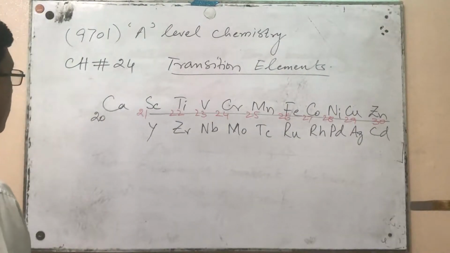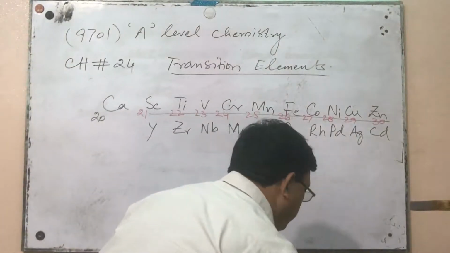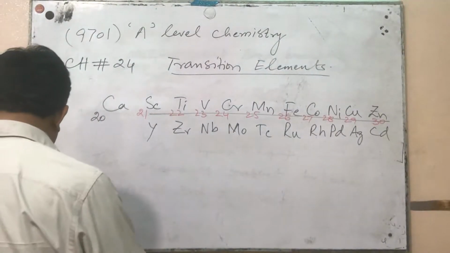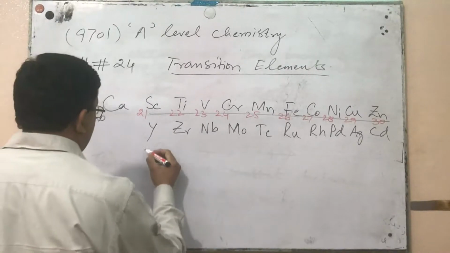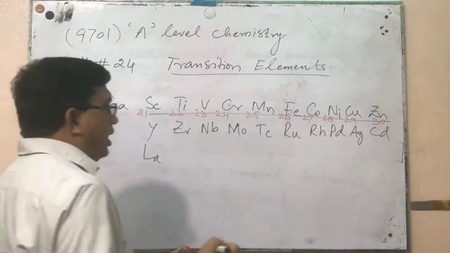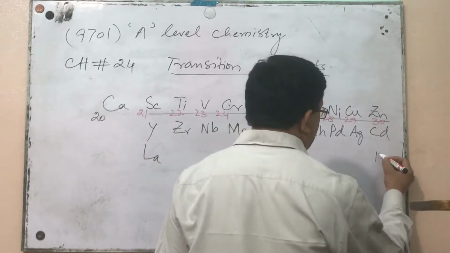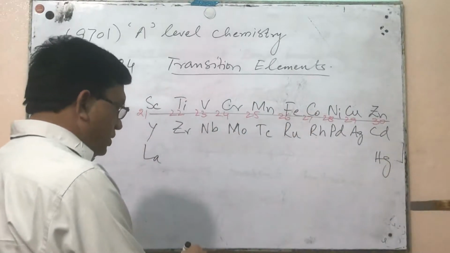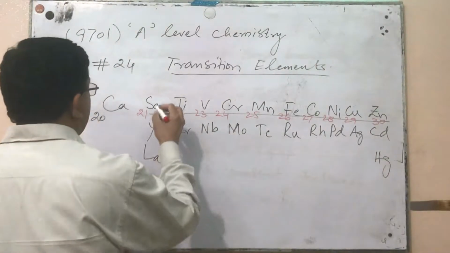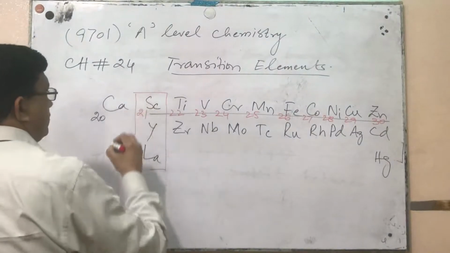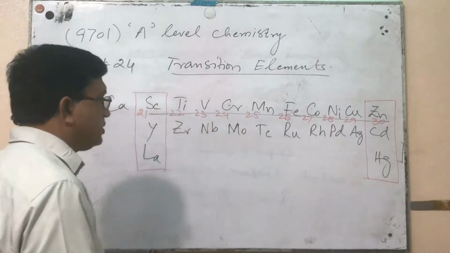If we compare all these elements, the first group of these transition series, scandium, yttrium, and lanthanum, and the last group of the d series, zinc, cadmium, and mercury, these are called non-typical transition metals.